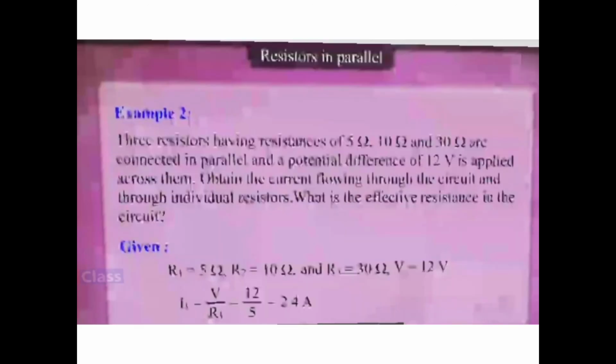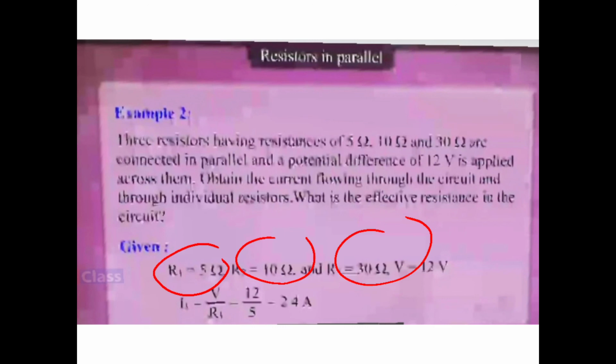So we have R1, R2 and R3, right? You have V is equal to IR, so I will be V upon R. So from the first wire we will have the current 2.4 ampere.